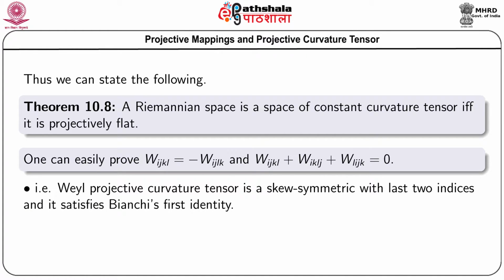And from the first relation we see that the projective curvature tensor is skew symmetric. Now, this projective curvature tensor is also called the Weyl projective curvature tensor, due to the name of the mathematician Weyl.